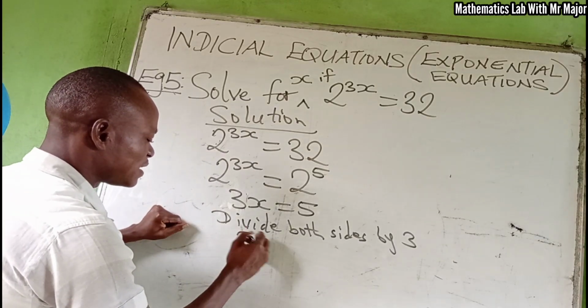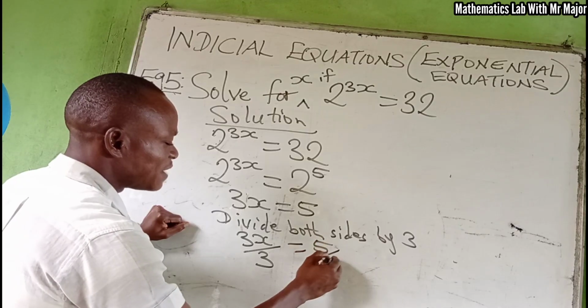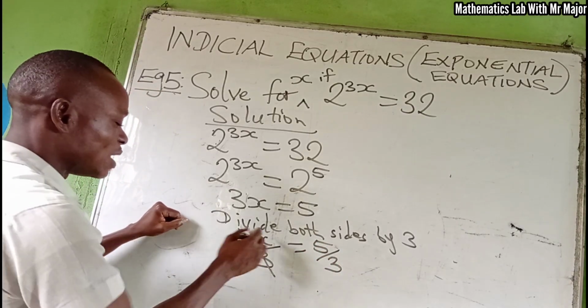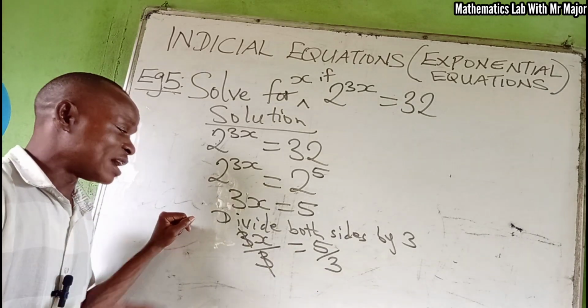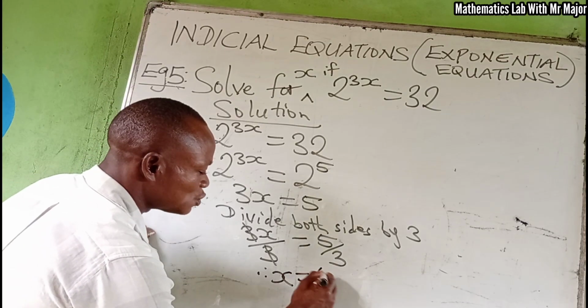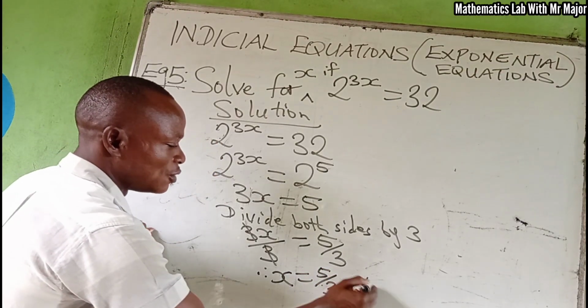So we have 3x divided by 3 equal to 5 divided by 3. Here we cancel 3. We are left with x. Nothing can divide into 5 and 3, so we leave it like that. That means our x is equal to 5 over 3. That is the final answer.